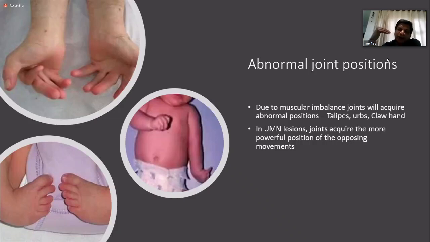So if you lose upper motor control, the hip will acquire the position of flexion and adduction, right?